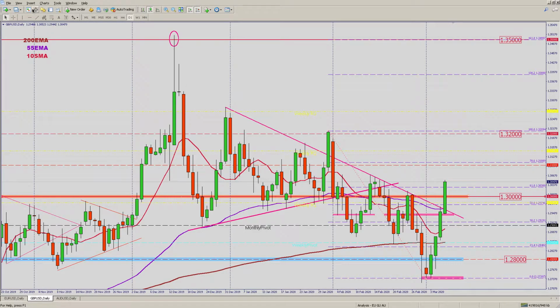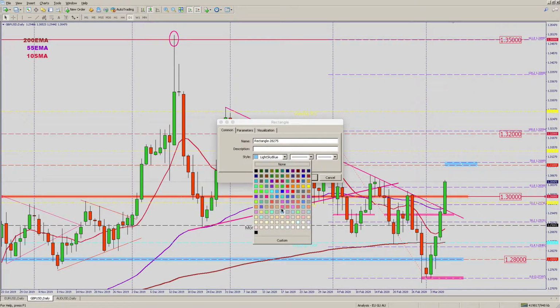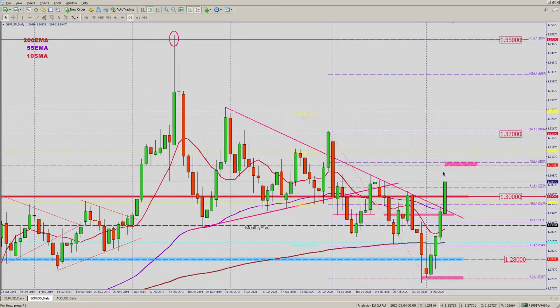So let's mark this 131 level as a possible target for next week, and let's identify this as a potential interim resistance.